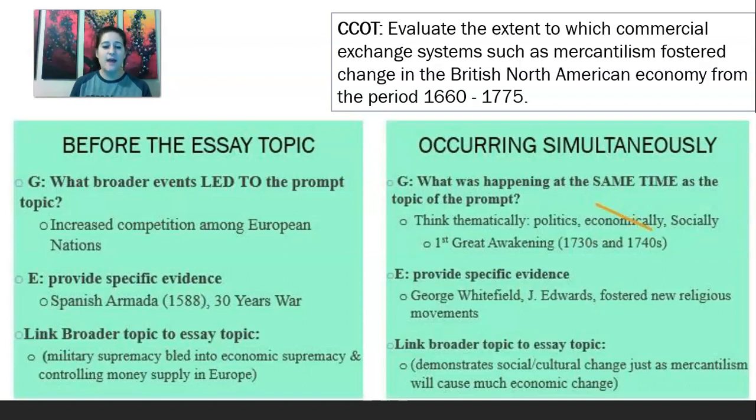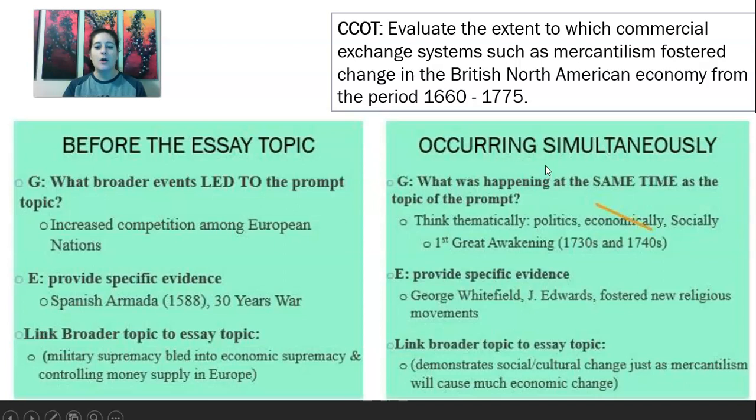In both of those examples, you see European nations, England and Spain, for example, fighting for European supremacy, and that kind of bleeds into wanting economic supremacy as well, which is why they develop mercantilism, an economic policy. So what I've done here is GEL, broader topic, evidence to support, and in parentheses, I've kind of thought through what my explanation is there.